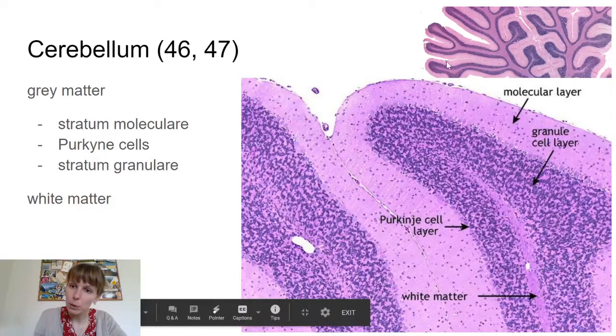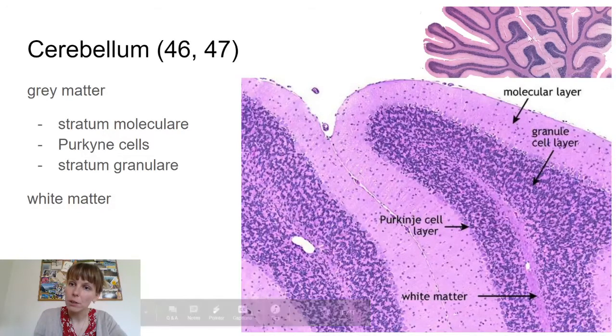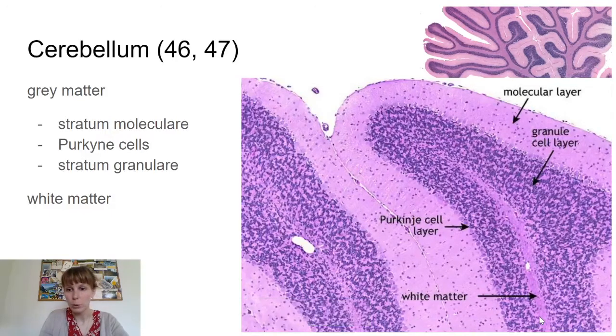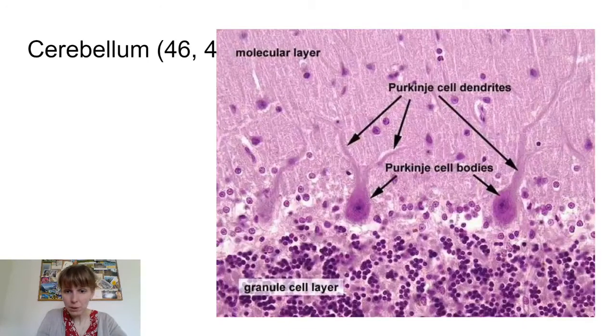And this will be happening in all of these parts of the cerebellum, which are branching like this. And in the white matter, not so many cells, and there will be the axons of the Purkinje cells going away from the cortex.